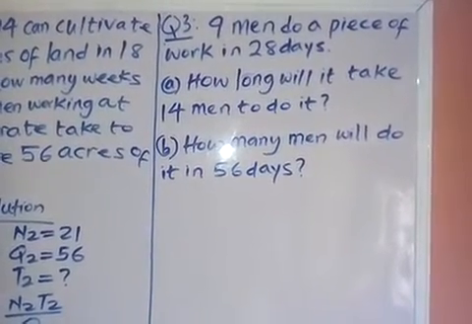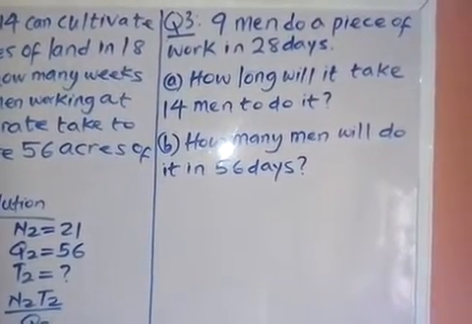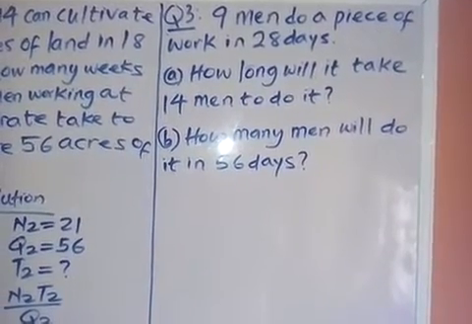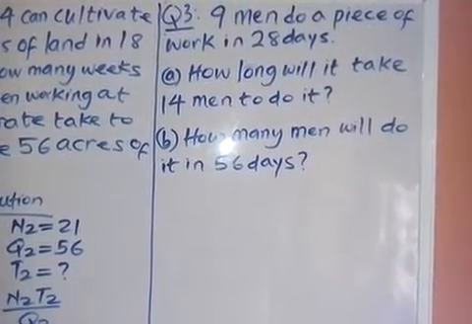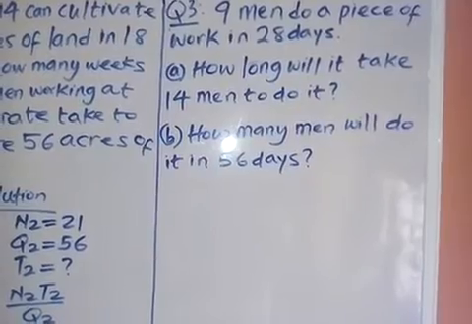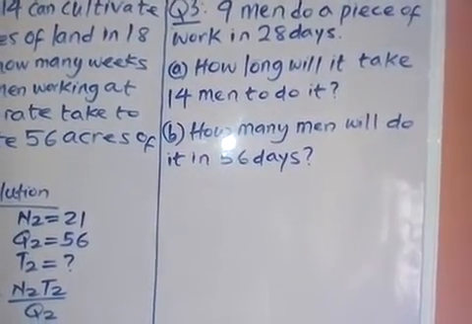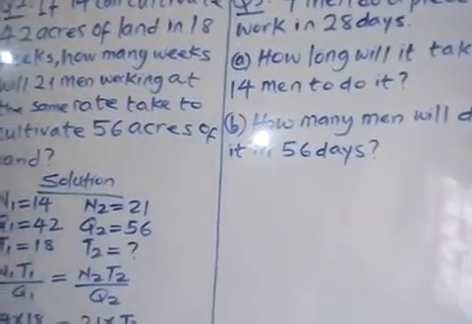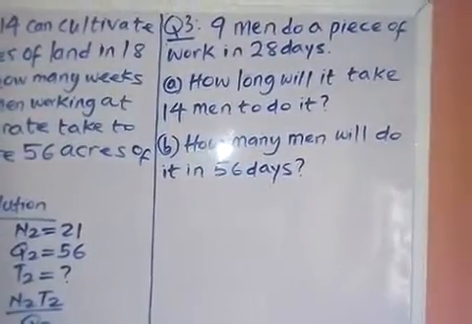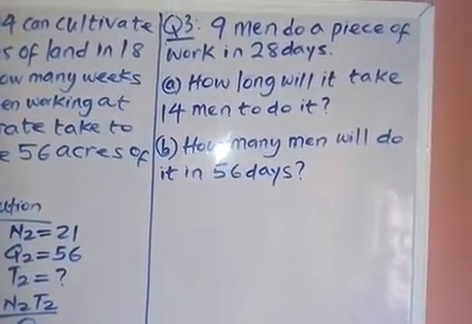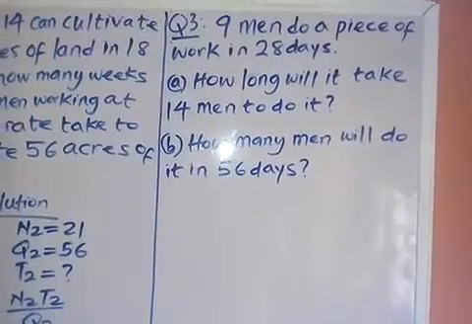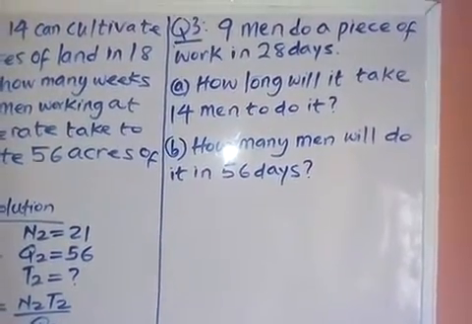Question A, how long will it take 14 men to do it? Question B, how many men will do it in 15 days? Go back to what we've done previously and use the knowledge of what we've done to solve this question.